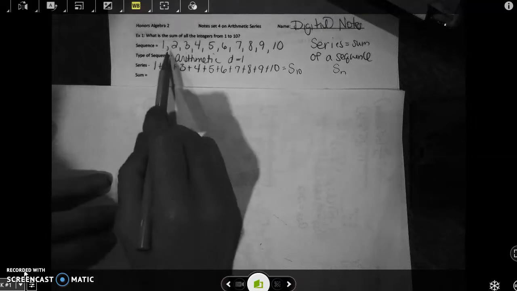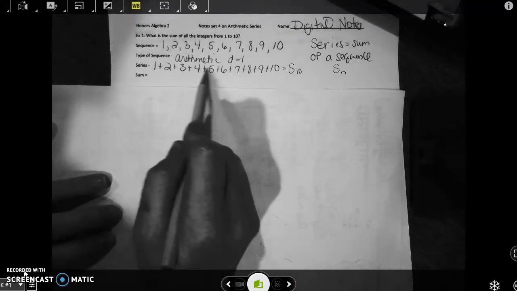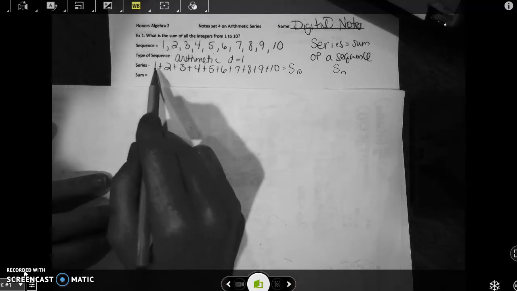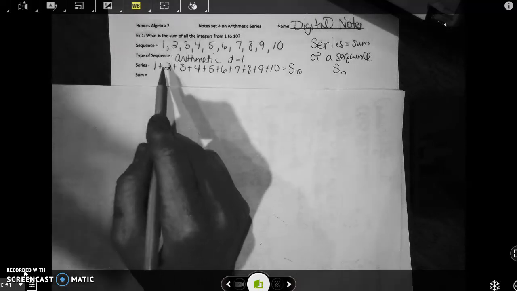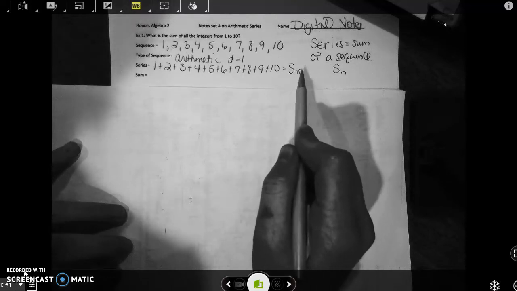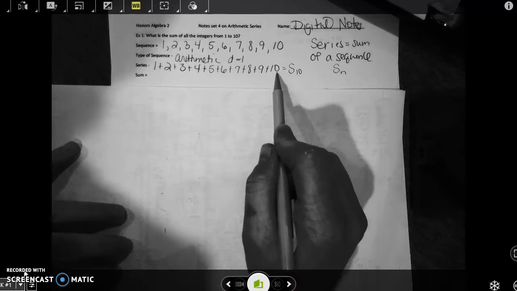So you can see that really I just took those commas and changed them to addition signs. I have created the series where I'm adding the numbers 1 through 10, and so notice S sub 10, and what that is indicating is that there are 10 terms in this series. It's not indicating the last term, it's saying that there are 10 terms.